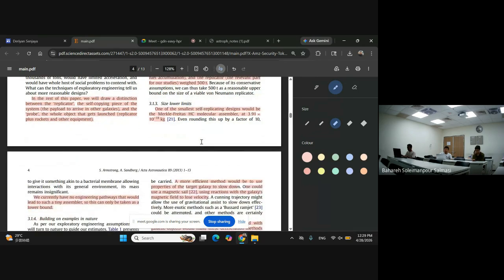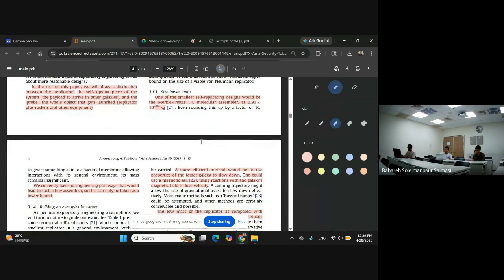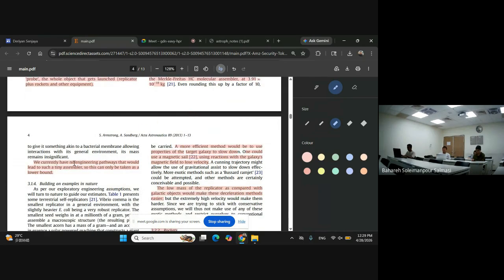And the lower limit is on the scale of 10 to the minus 18 kilograms. This is called the Merkle-Freitas molecular assemblers. But we currently have no engineering pathway that would lead to such tiny assemblers, because the laws of quantum physics also prohibit you from getting smaller and smaller.